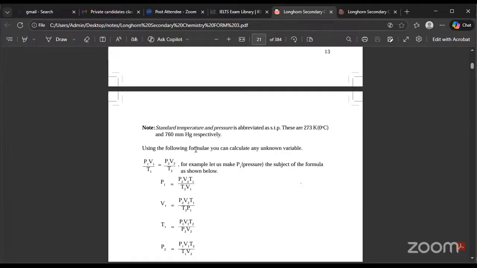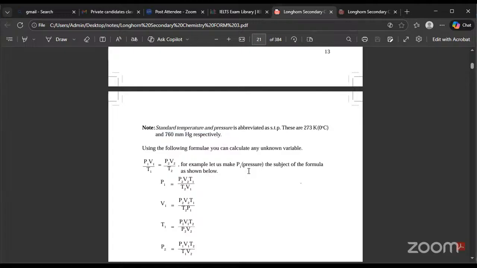Number one, nikasema ni standard temperature and pressure, which is abbreviated as STP, and the values of these are 273 Kelvin. That is STP.